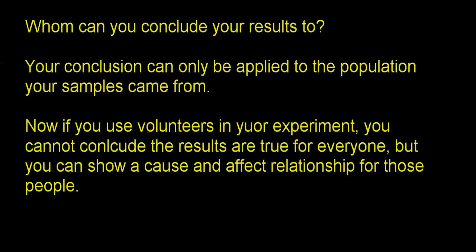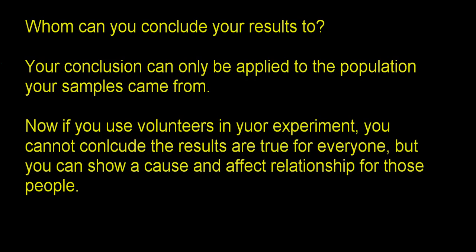So if I ask for volunteers, then all of a sudden, that's actually a confounding variable, because maybe you got better because you volunteered and you cared to get better. Well, I could still show a cause and effect relationship. I could still say that A causes B with a good experiment. But if I use volunteers, it makes it really hard to apply your results to all people.